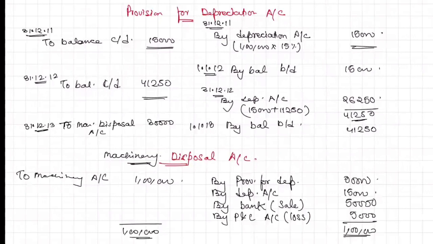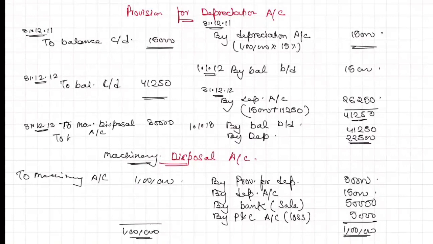Okay. And here again depreciation will be there for the M2 machine. Correct. Depreciation for M2 machine and that will be for the whole year. So it was 1,50,000 into 15%. So it will be 22,500. And it will be closing over here.